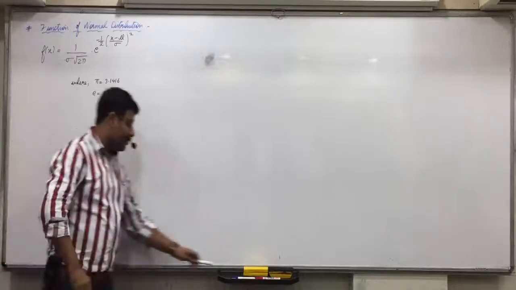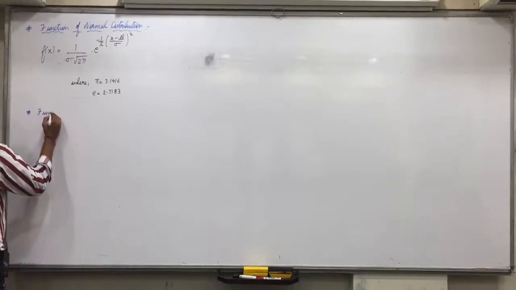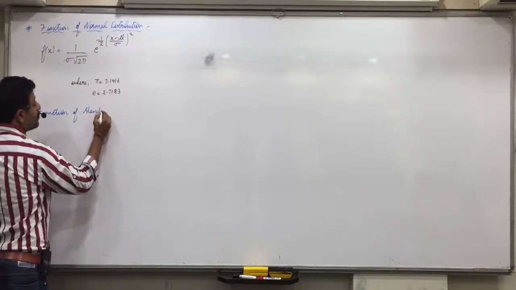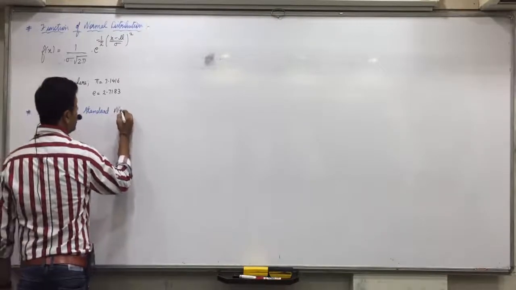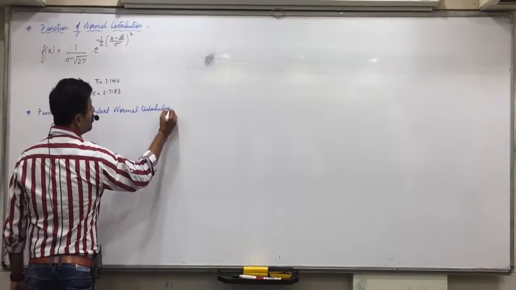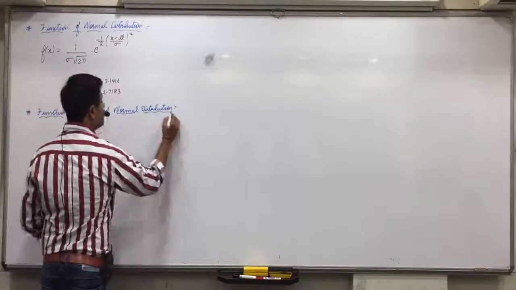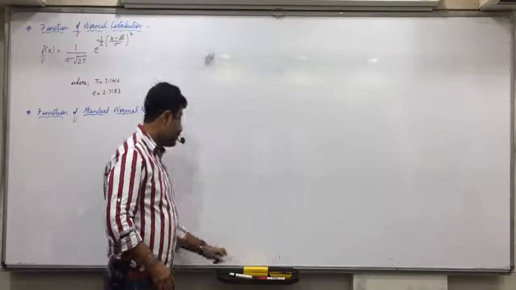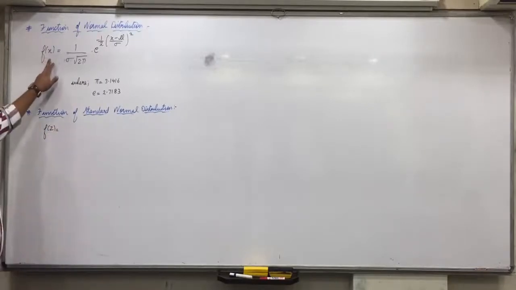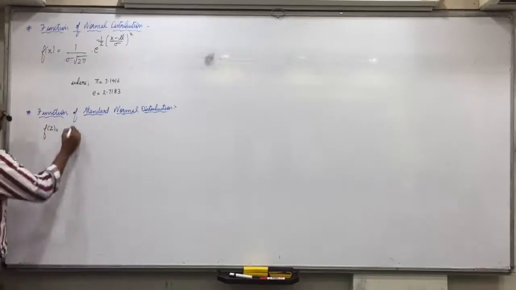And same way, if I write the function of standard normal distribution, then you will get fz, like here we wrote f of x, function of normal variable x, function of standard normal variable z, 1 upon.